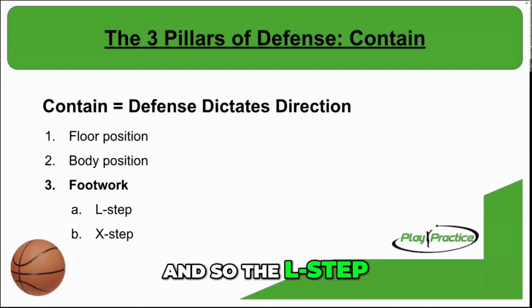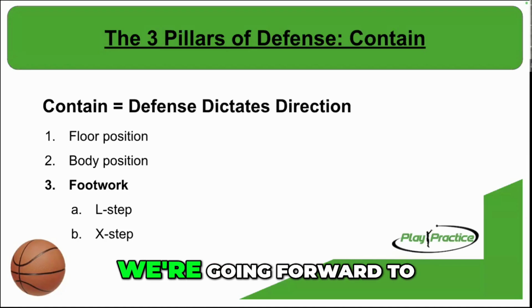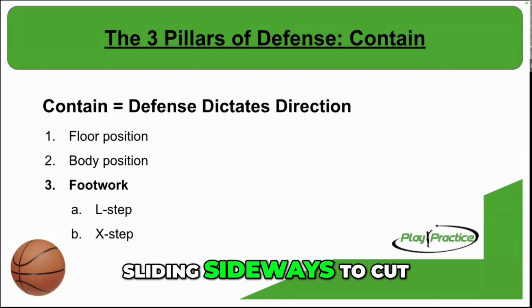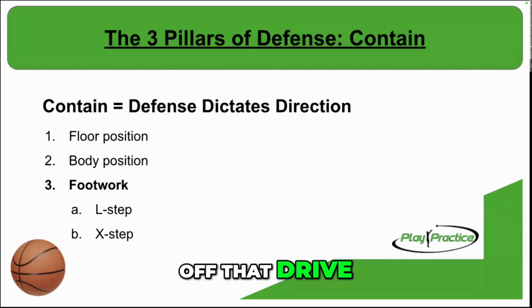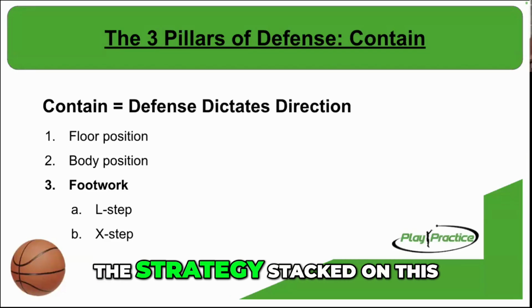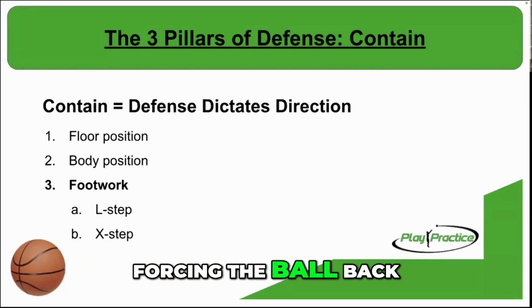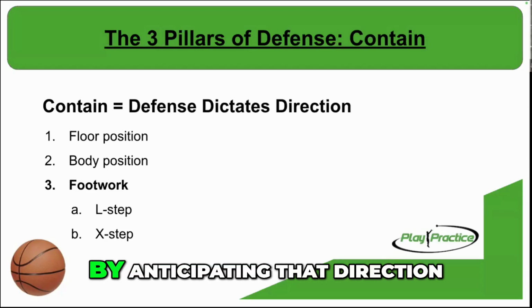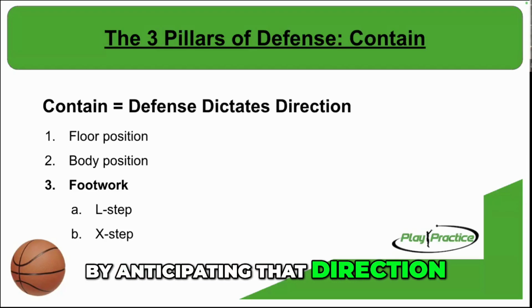And so the L step is a slide. It's a transition. If you think of an L shape, it's just a 90-degree corner. We're going forward to close out on the perimeter, and then we are sliding sideways to cut off that drive. And with the floor position, the body position, the strategy stacked on this of forcing the ball back toward the pass, we can do a lot of good work by anticipating that direction they're going to drive.